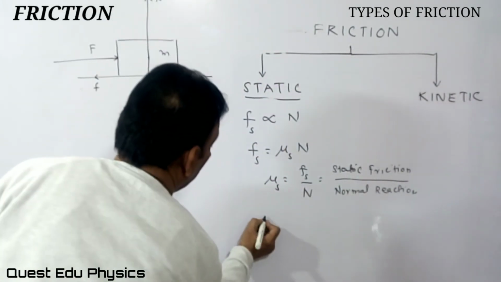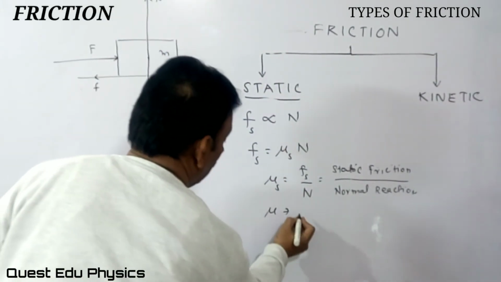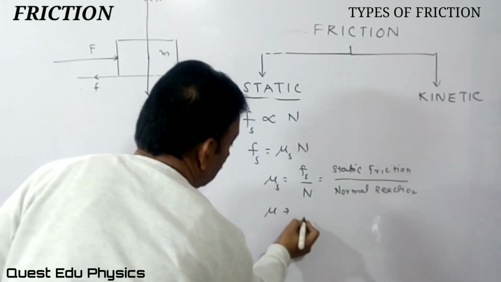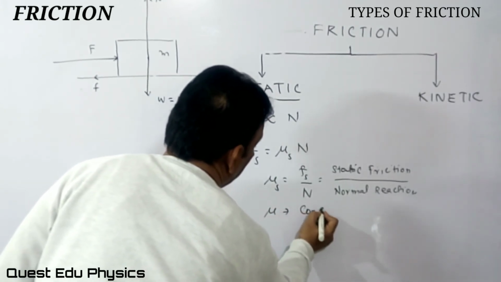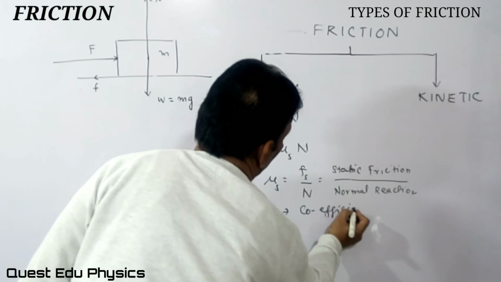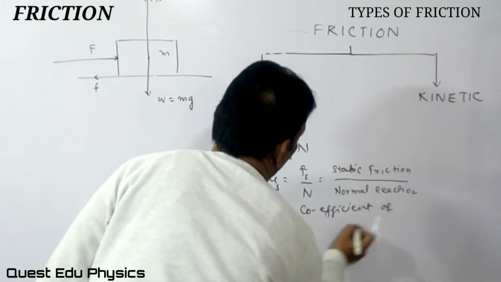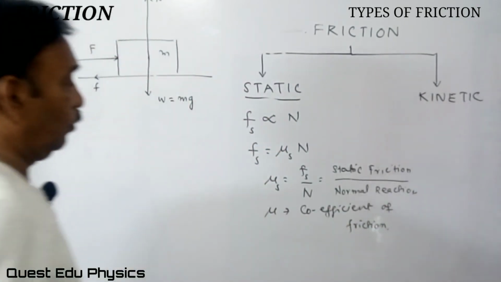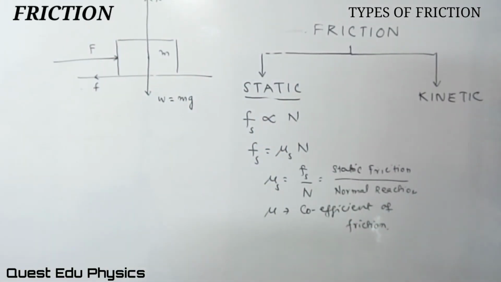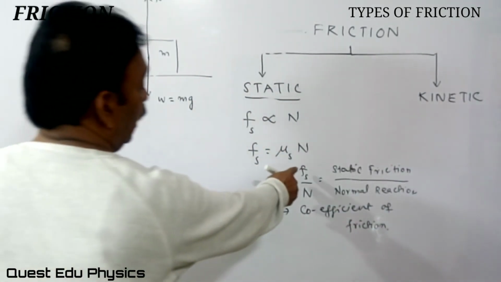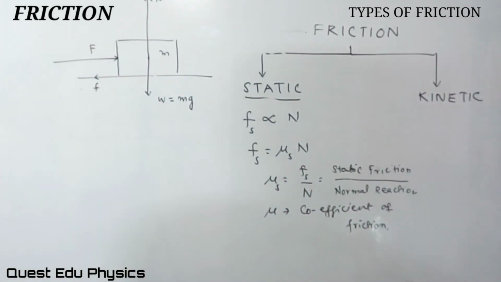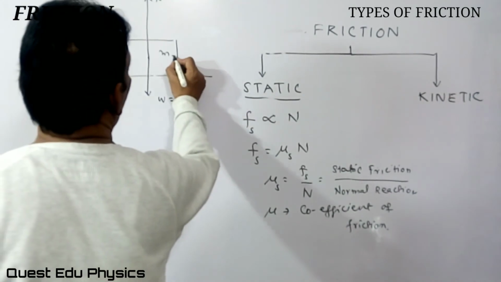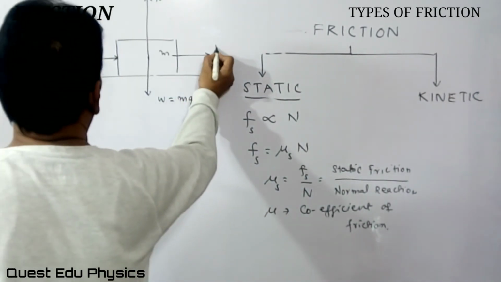Okay, students, mu s is the quotient of static friction, and if you write it as mu, it is known as the coefficient of friction. Here mu s is equal to Fs by N. Being a ratio, it doesn't have any units. Then the body tries to move over the surface, moving with a velocity.